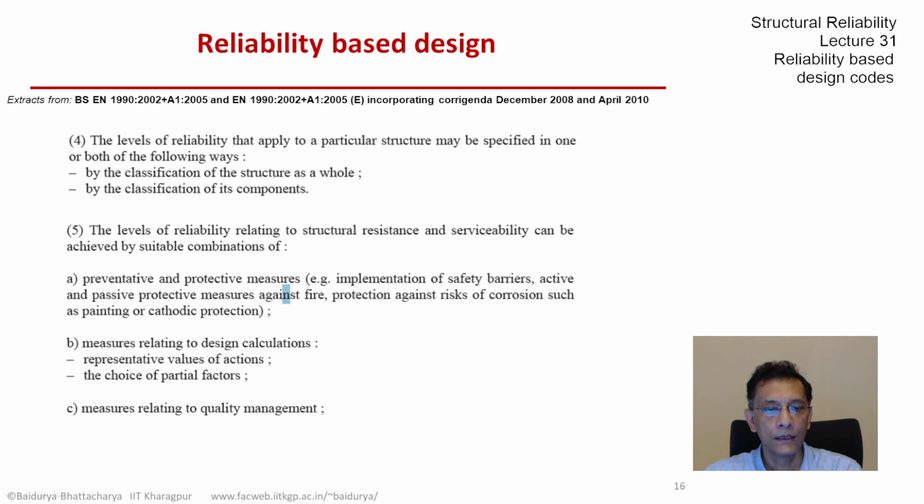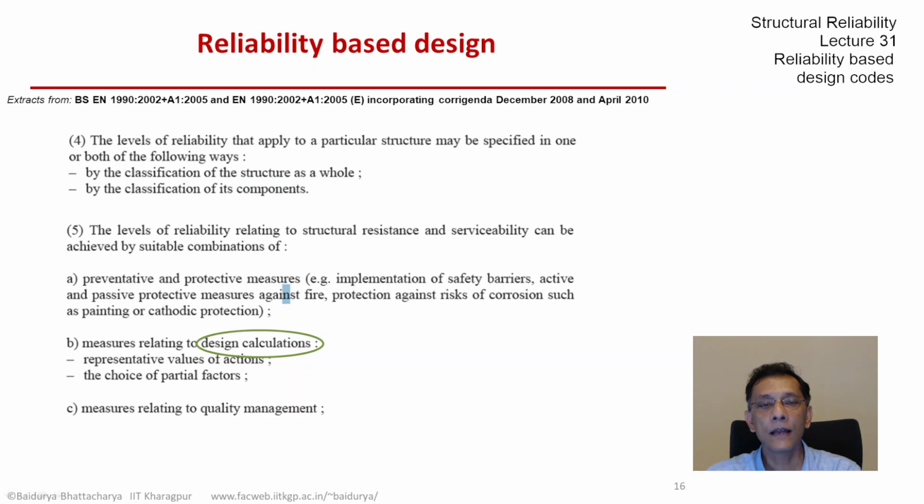And then we come to the point of how to do this safety check, whether it should be done as the structure as a whole or on a component basis. Both options have been given, and it so happens that we are still more tuned towards a component-based design approach than a whole systems-based design approach.